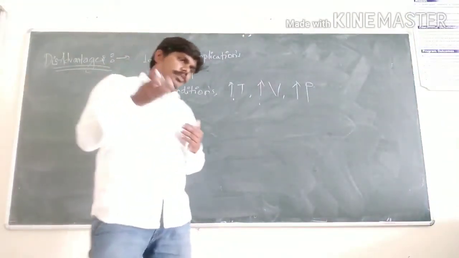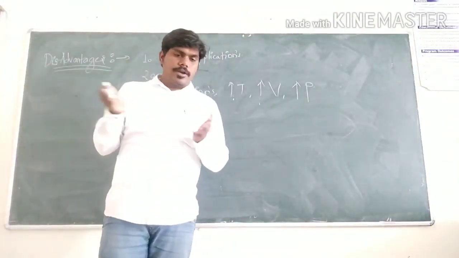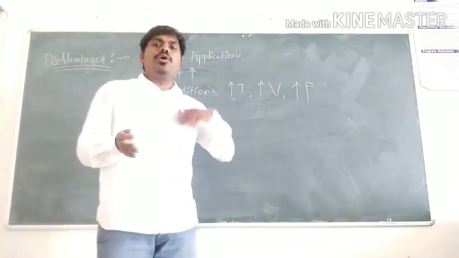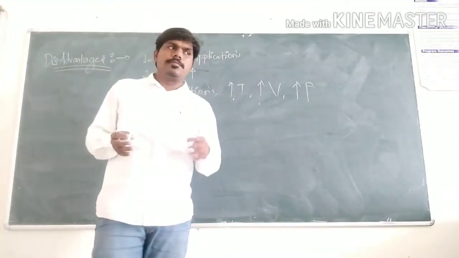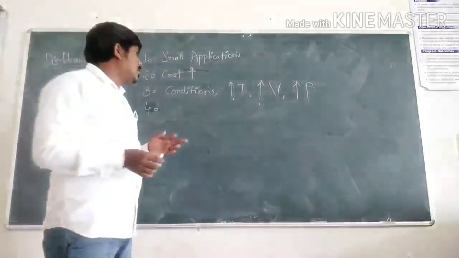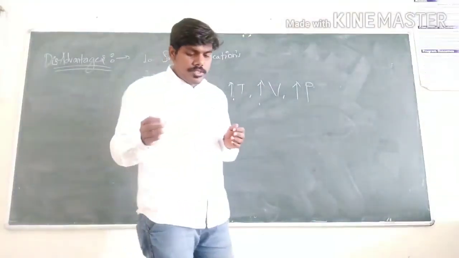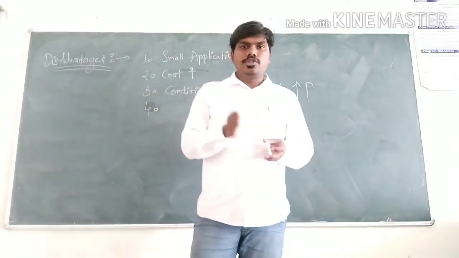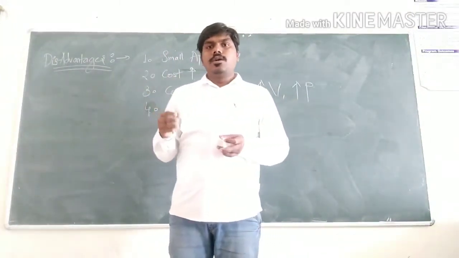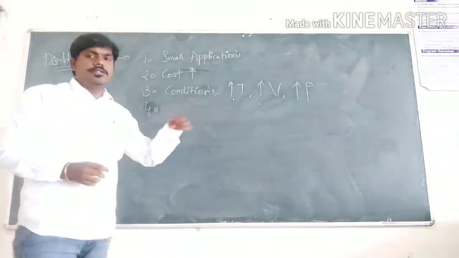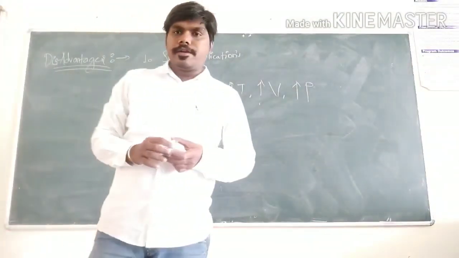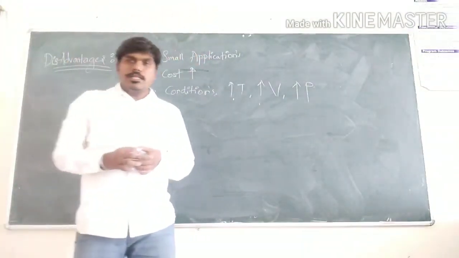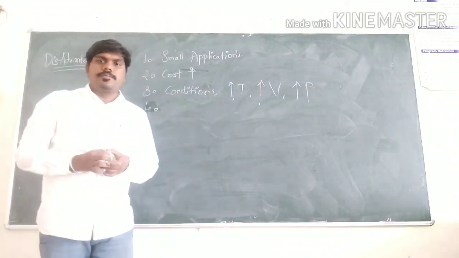But after that, if the power comes back, it does not automatically turn the PLC system on. So the point is that if a power failure occurs, the PLC stops and the relay turns on, but afterwards the system cannot automatically turn on. Okay, so these are some disadvantages of the PLC.